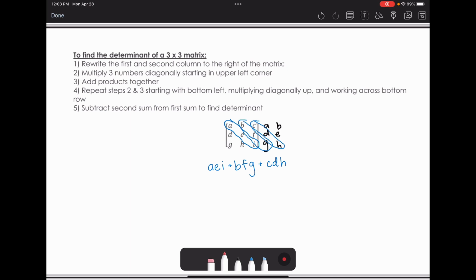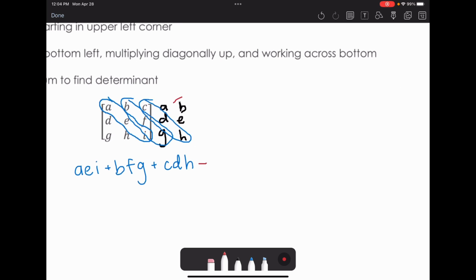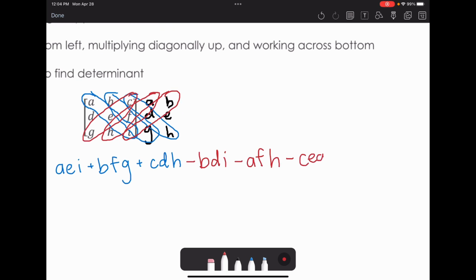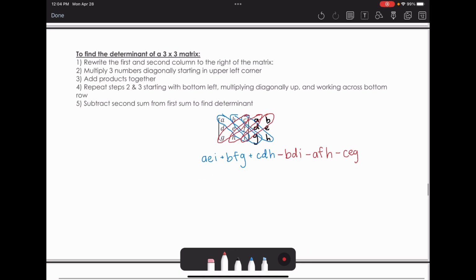And then we are subtracting these ones multiplied together. So BDI minus AFH minus CEG. So that is how you find the determinant. You calculate the determinant of a 3x3 matrix.